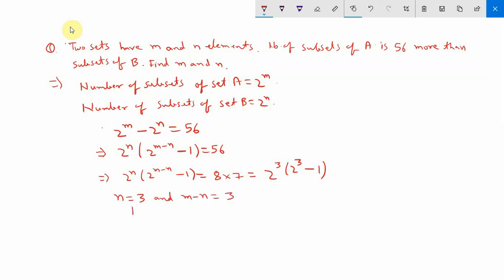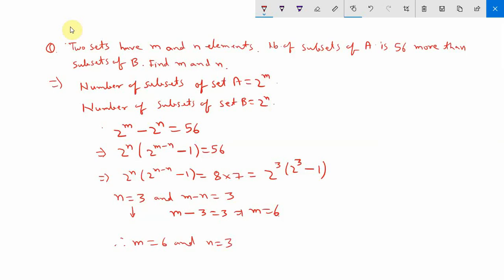As we have n equal to 3, we will substitute it in m minus n. So m minus 3 equal to 3, or m will be equal to 6. Okay friends, so we got the values m equal to 6 and n equal to 3.